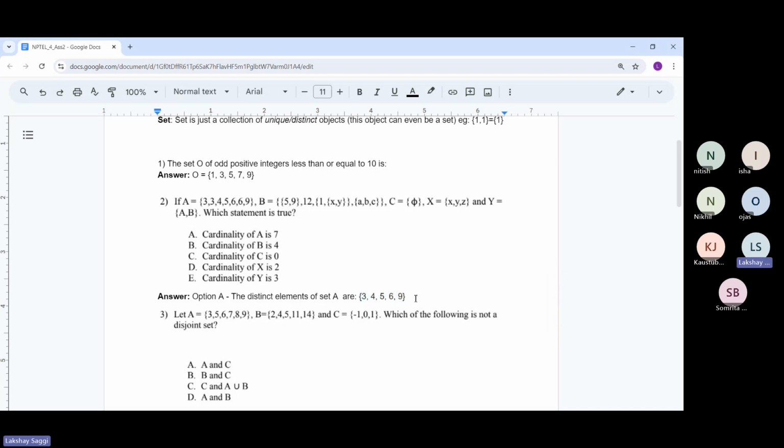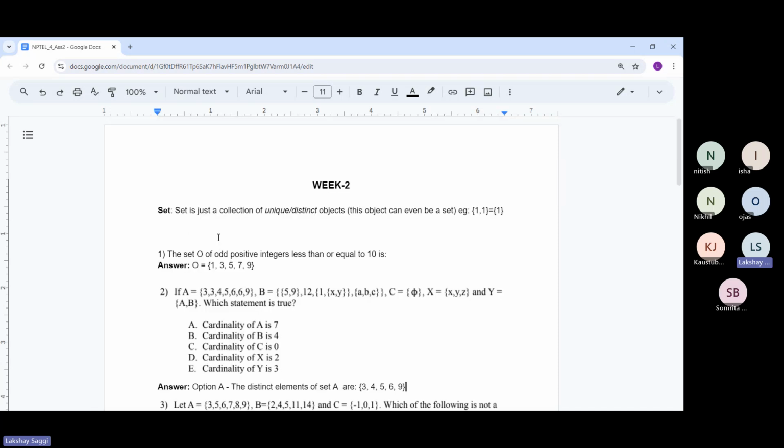Maybe I should define the cardinality of a set here. The cardinality of a set is the number of unique or distinct objects in the set. And how is it denoted?